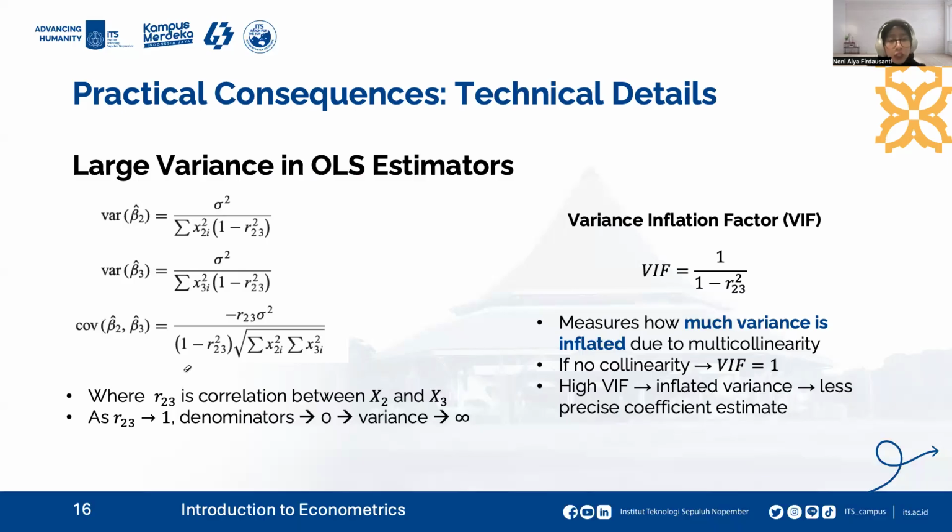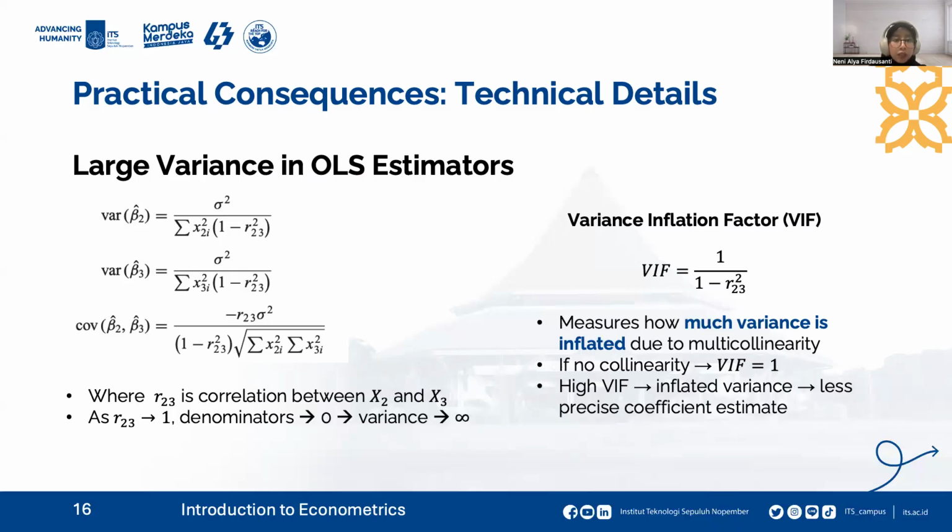This is the first consequence. And then there is a measure that you can use for this, called VIF, the variance inflation factor. So we can measure whether the correlation indicates multicollinearity by calculating the VIF value.